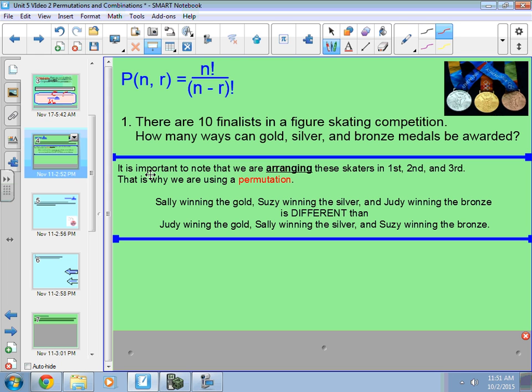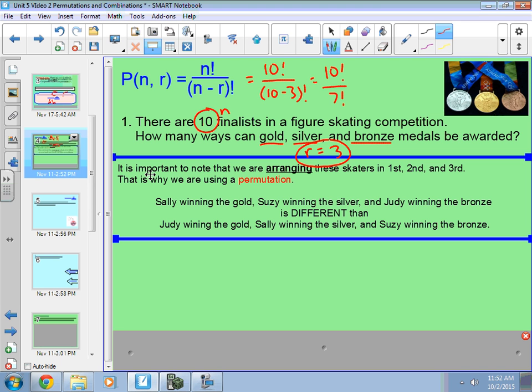What is our total here? 10, so that's our n, and we're arranging them in gold, silver, bronze. That's 3 particular spaces, so here r is going to be 3. Okay, so if we put that into our formula, we get 10 factorial over 10 minus 3 factorial, which is the same as 10 factorial over 7 factorial.